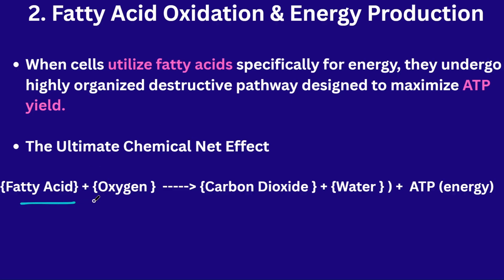The fatty acids combine with oxygen and produce carbon dioxide, water and ATP. That means for the production of energy, the fatty acids are to be oxidized in the presence of oxygen. The fatty acid combined with oxygen will produce CO2 as an end product along with water, and the final necessary ATP energy is generated.